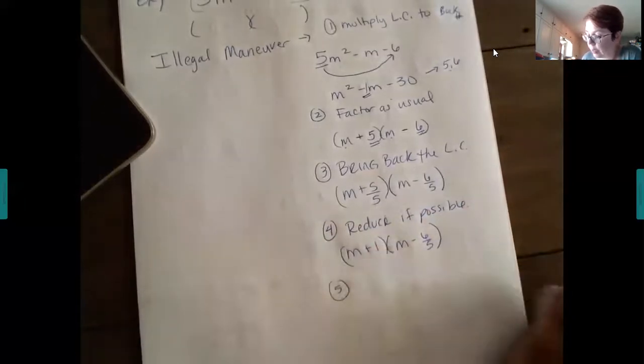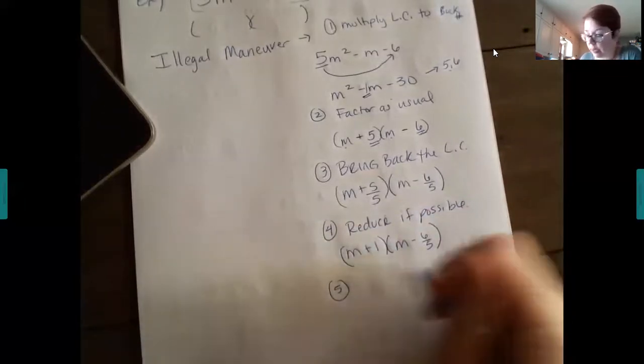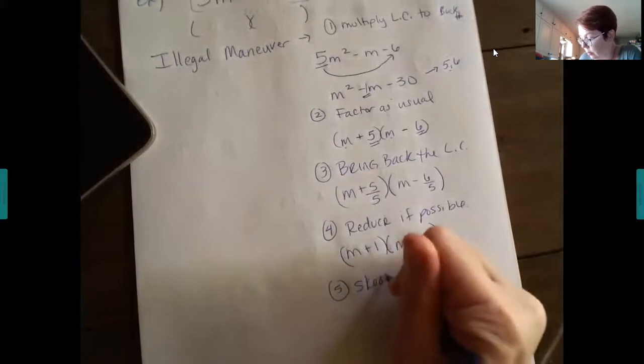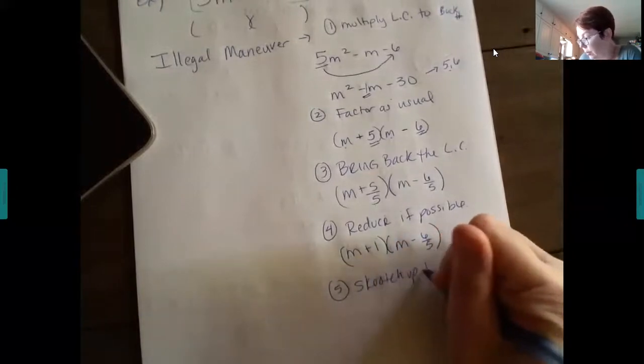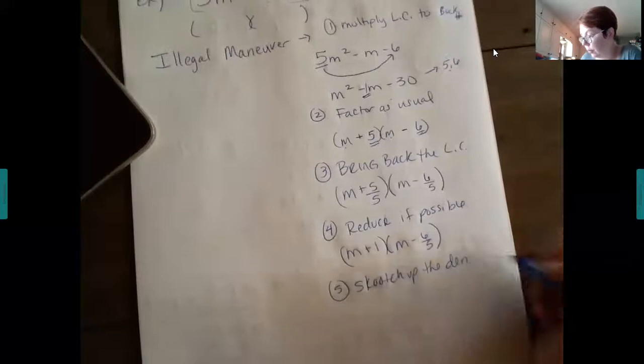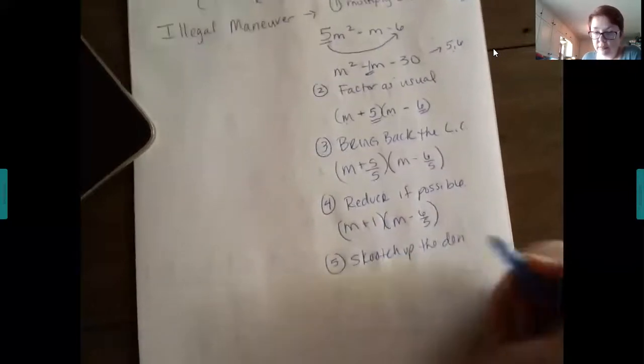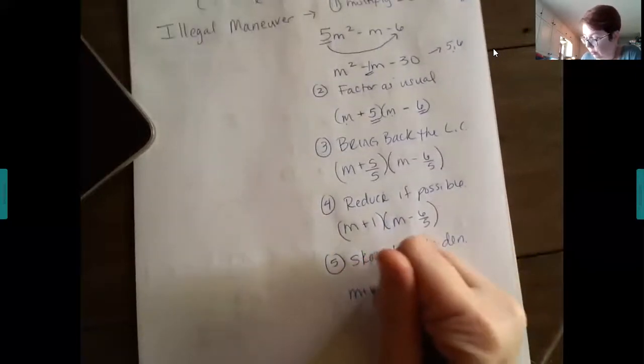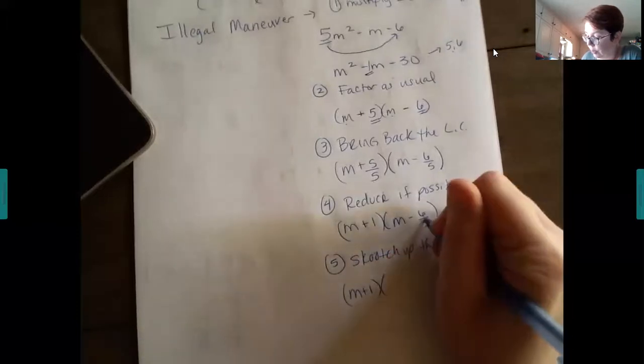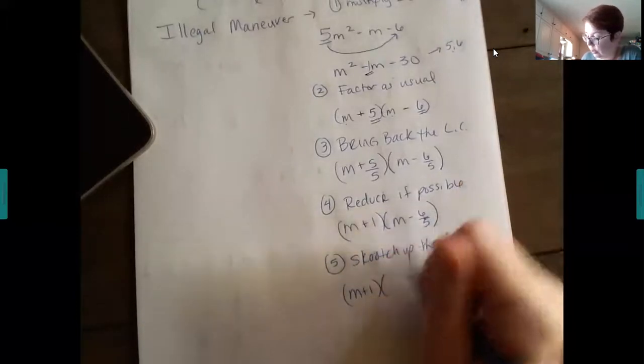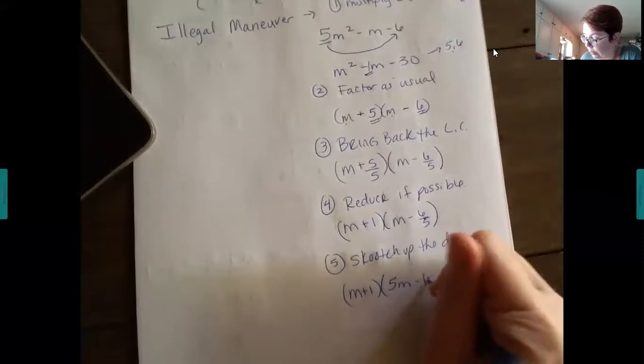And then last but not least, remember if there's a denominator, scooch up the denominator. No denominator left in this group, so nothing to scooch. But here we have that 5. So we're going to scooch that 5 up in front.